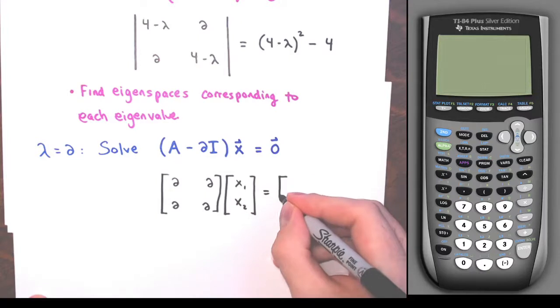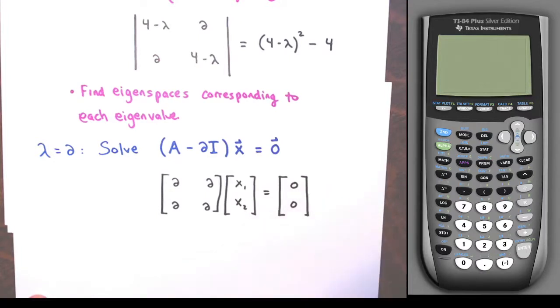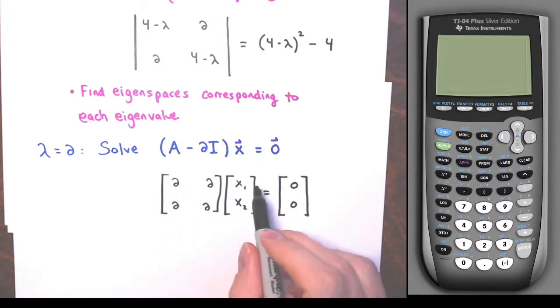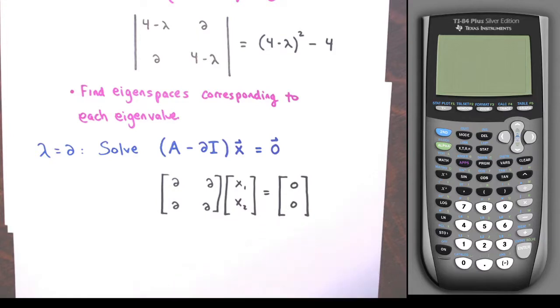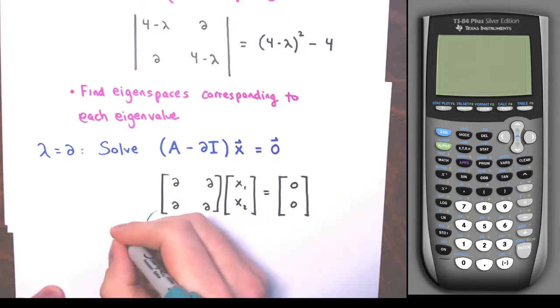And then the other side is the 0 vector, the two-dimensional 0 vector. Then I could make an augmented matrix where I have 2, 2, 2, 2, little bar, and then 0, 0, and put this into reduced row echelon form, which would be pretty simple to do by hand here.